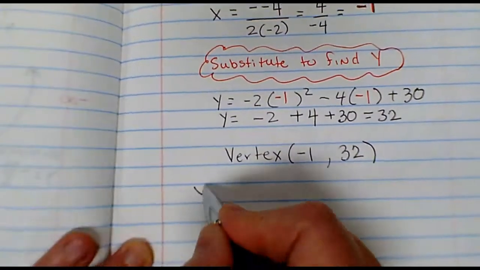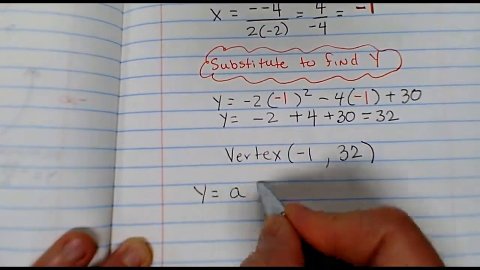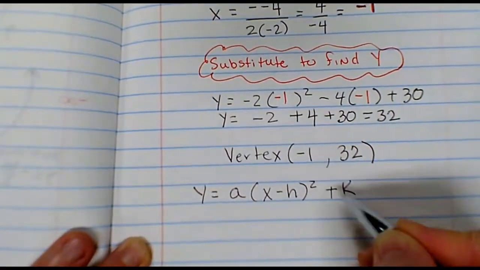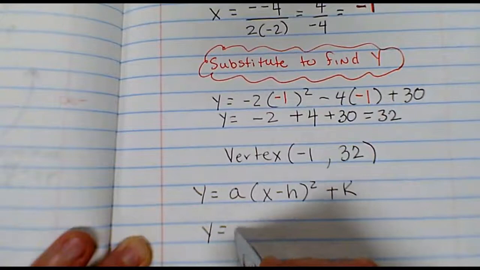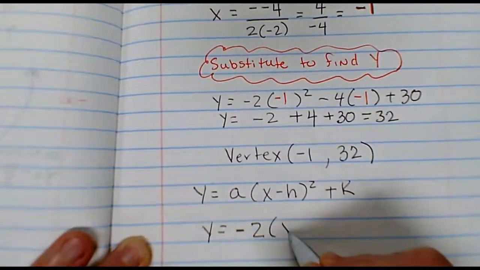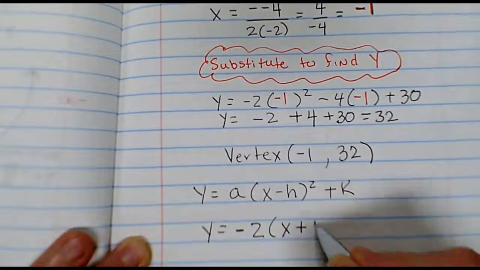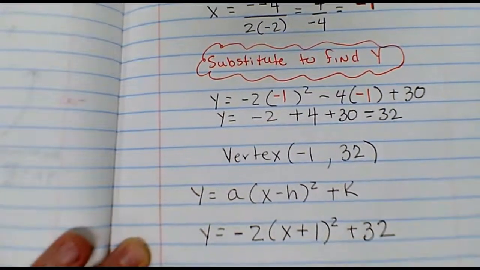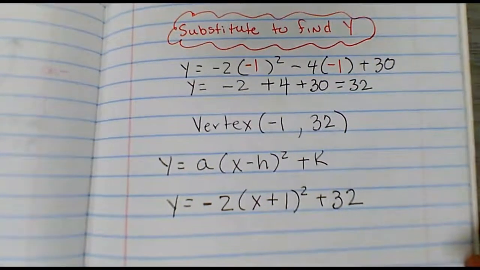So the vertex form is a times x minus h squared plus k. What was my a? X minus negative 1 makes a plus 1. What form is this called?